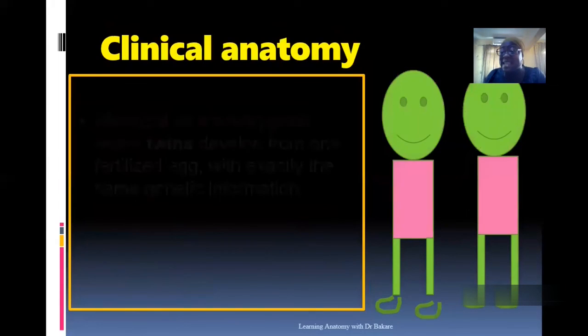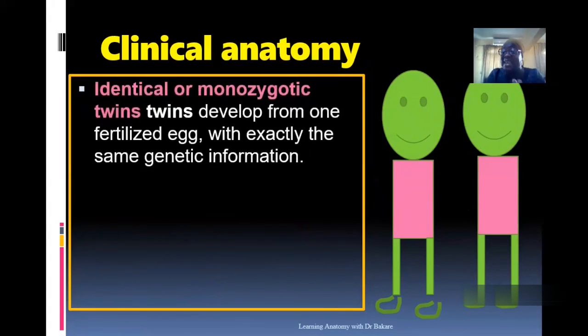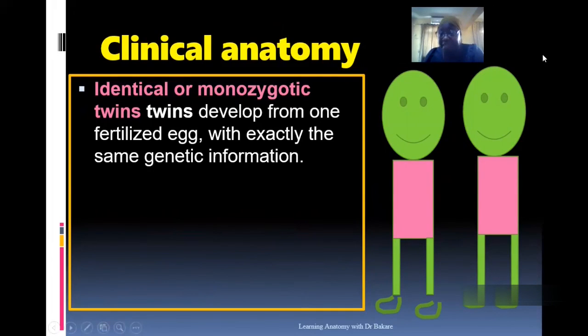So another instance is the formation of both identical and non-identical twins. Identical twins are also referred to as monozygotic twins, which means that they exist from one zygote. So there's a formation of a single zygote that we already know is formed as a result of one sperm cell fertilizing an egg to form the zygote. So this zygote then divides into two, and this is where we have the formation of identical twins.